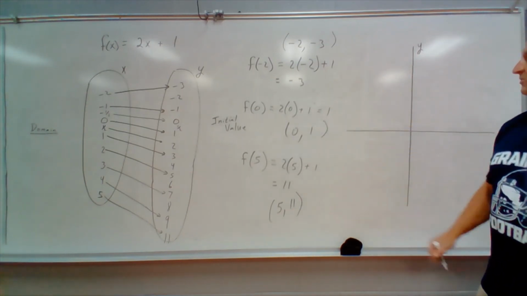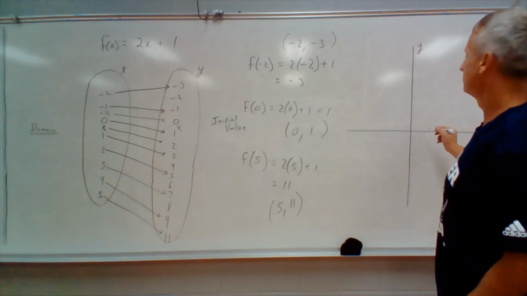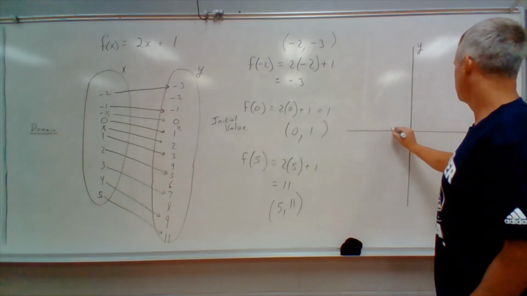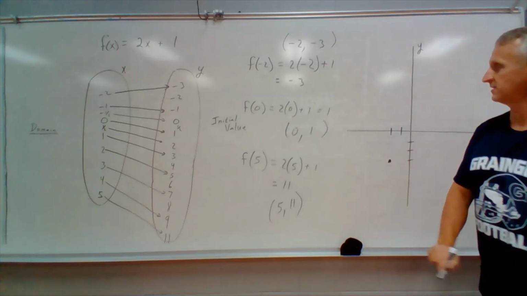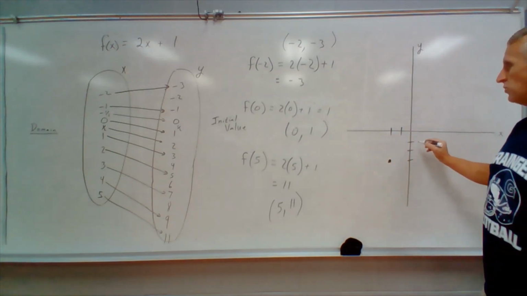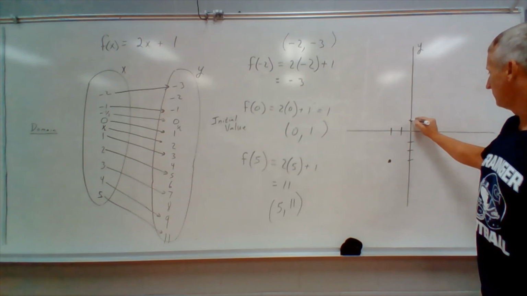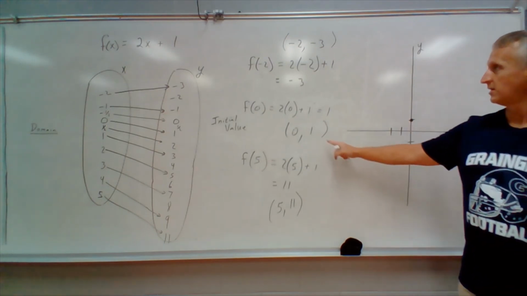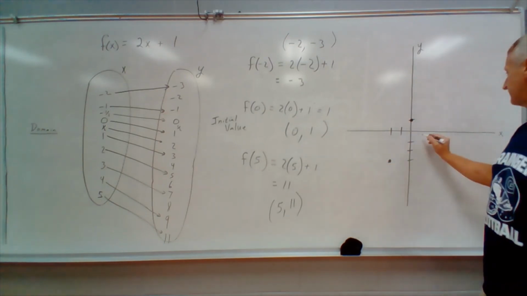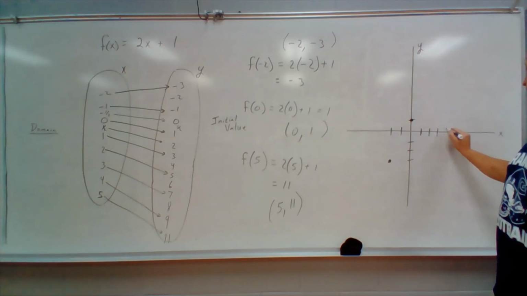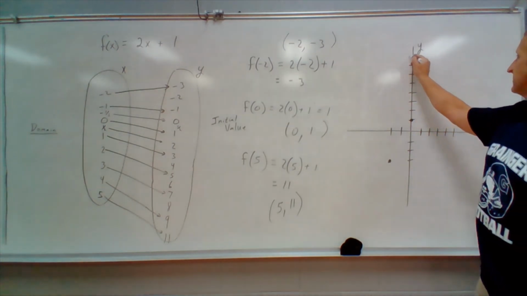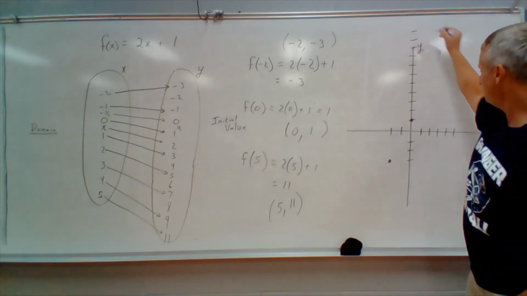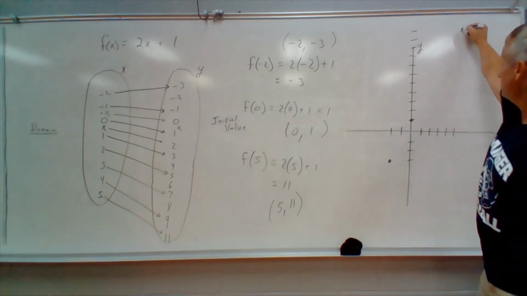We can plot those points just like always. So negative 2, negative 3 would be here. 0, 1 would be here. And 5, 11 would be way up here.